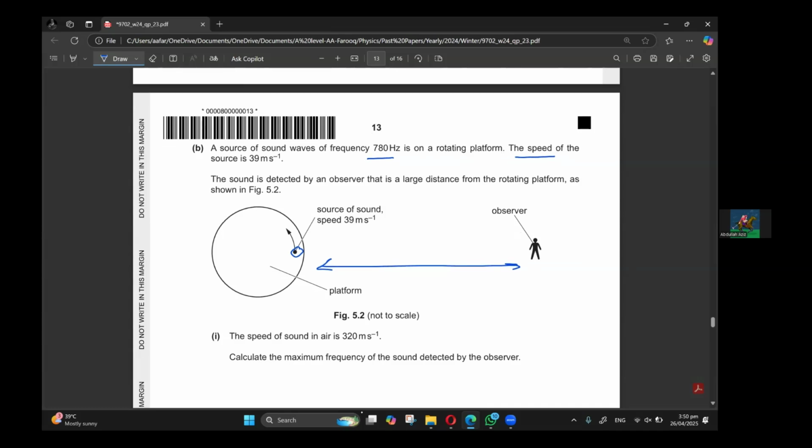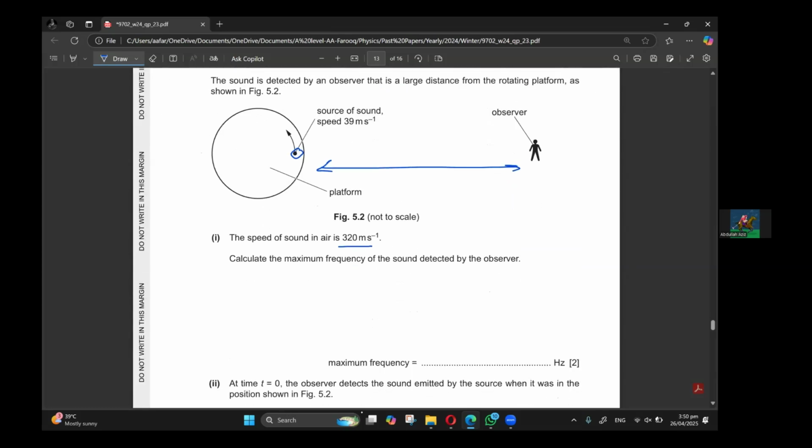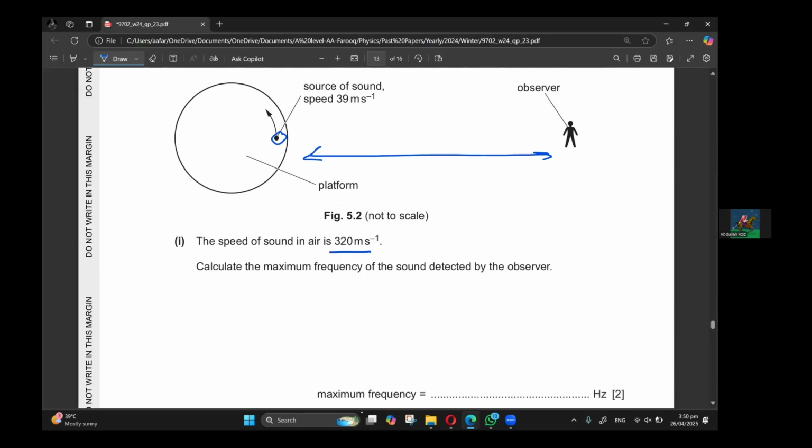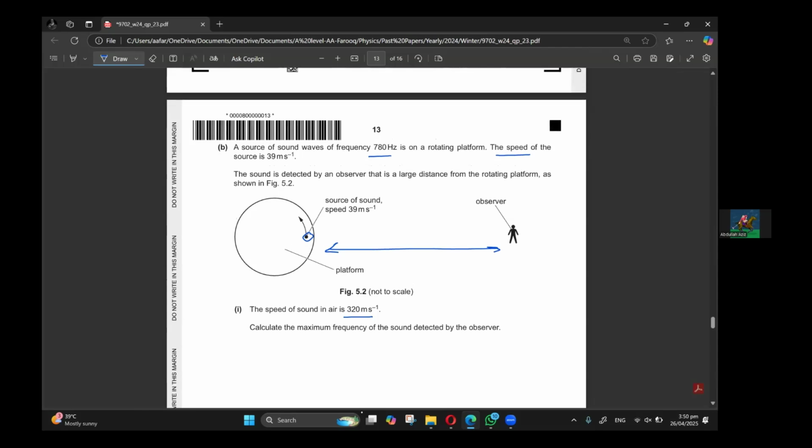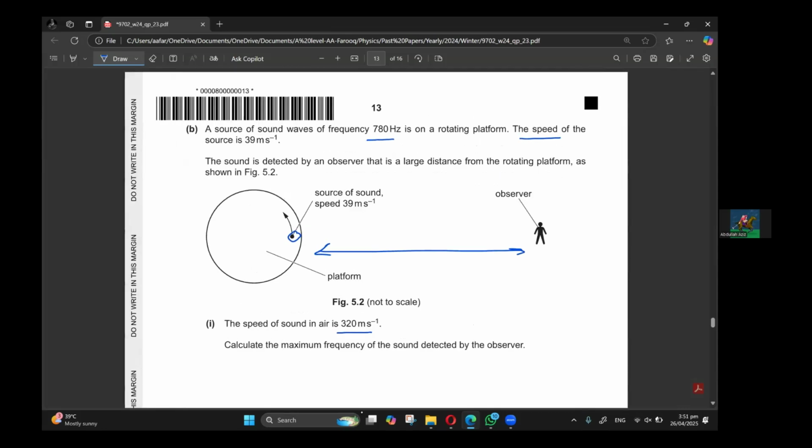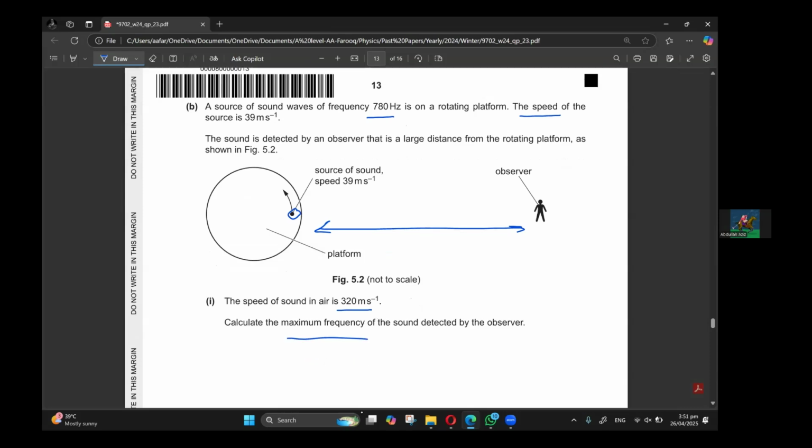Speed of sound in air is 320 meters per second.